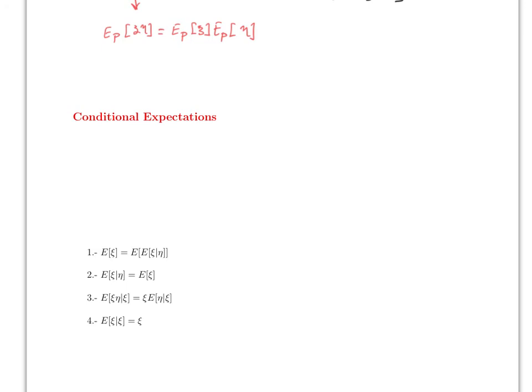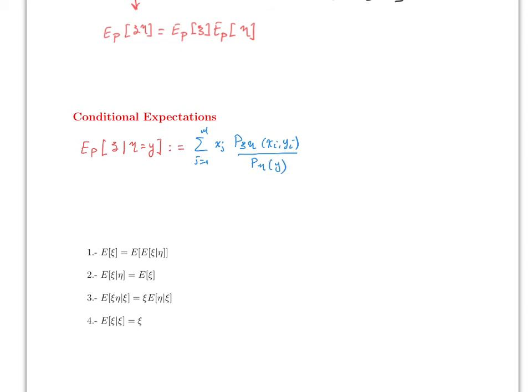So by definition, the expected value with respect to P of K given that nu is equal to some value y is defined to be the sum from j equals 1 to m of xj times the joint distribution of K and nu divided by the probability of nu.